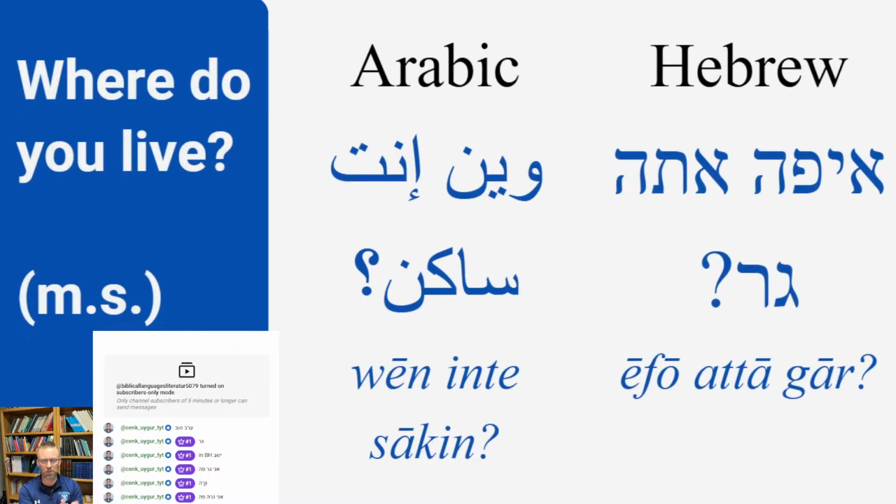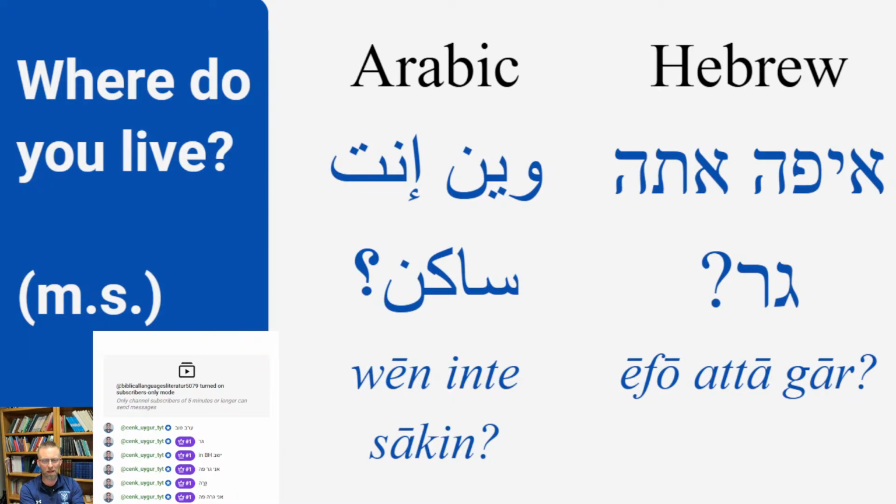All right. So starting with Hebrew, we have Efo ata gar. Efo, where, right? And we said that the last 2 letters, the pe and the he, in Efo resemble the word po. Efo ata gar. Where do you live? Okay.